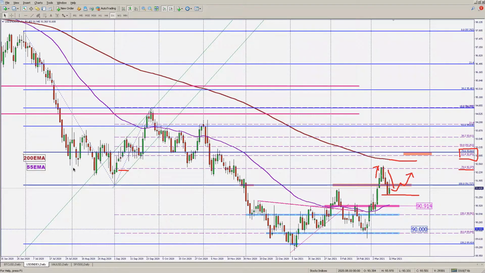And this is from the longer term Fibonacci swing retracement, actually it's the 21.4 Fib retracement of this move down.